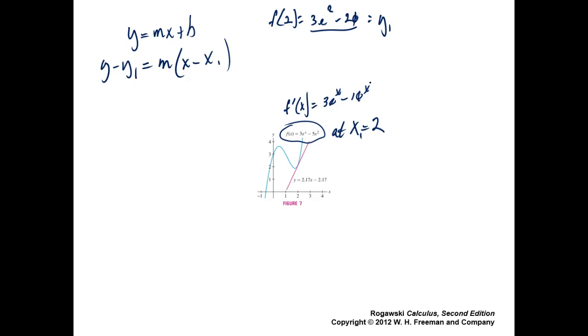Where do we want this? At x equal 2. So f prime of 2, which is the slope of that line at the point where x is equal to 2, that would be what? Three e to the 2 minus 20.